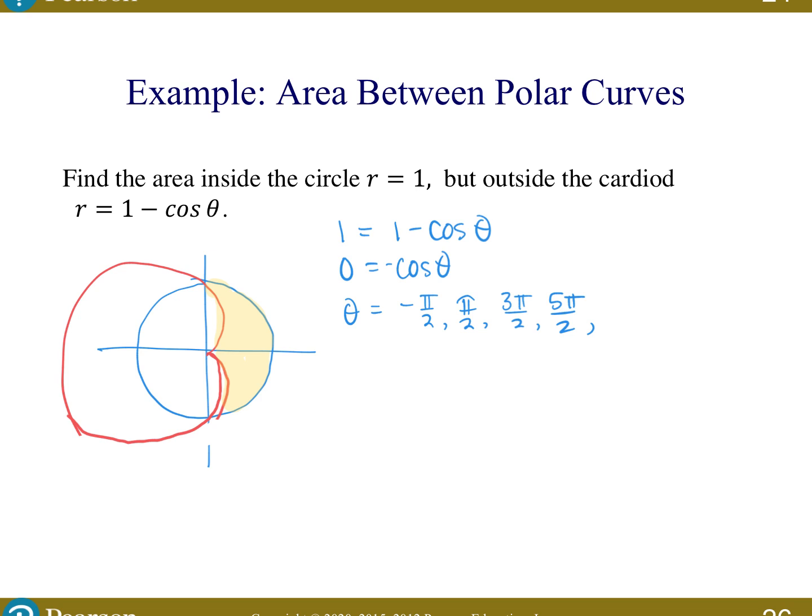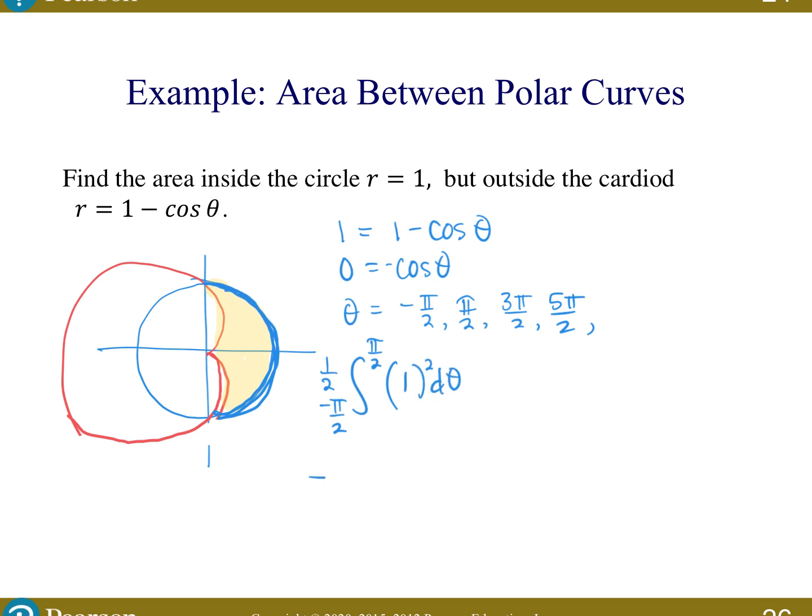But we have to set it up as a subtraction. So I'm going to go from negative pi halves to positive pi halves, put my 1/2 out front. And I want to use the outer edge, and the outer edge has to come first. So this is what's considered the outside edge, the circle. So that would be 1 squared d theta.